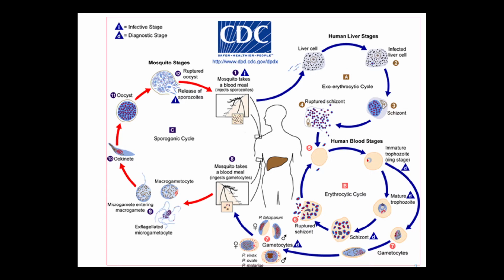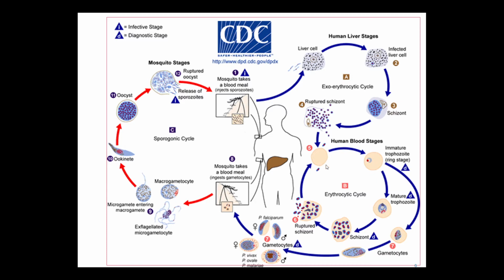Now we talk about the cycles that are more interesting for us as clinicians. Sporozoites go to human blood, then go first to liver cells. Then infected liver cells go into the exoerythrocytic cycle in the liver. Then it goes into the schizont form, rupture of the schizont, and then it goes into the blood stage or erythrocytic cycle.